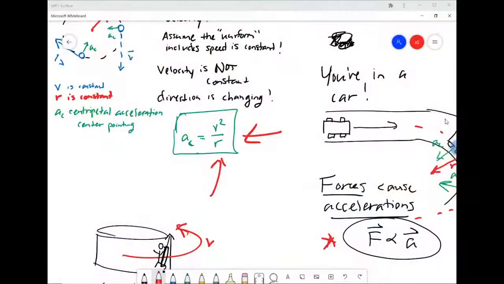Country backroads can have very windy roads and turns because you're going slow, but on a highway the turns are much more gradual, and that's because if you make r bigger for a given speed, you make the rate of acceleration smaller. So it's easier to negotiate that turn. You do it more gradually. All right.